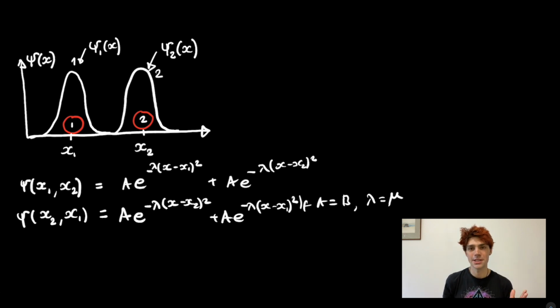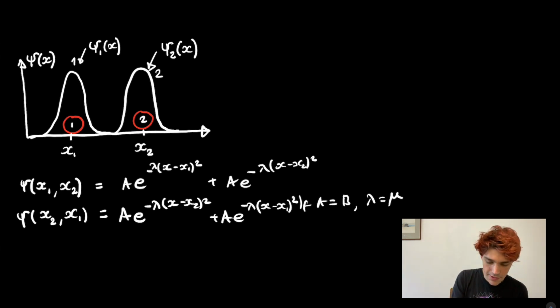So this is what I mean by swapping particles around, particle exchange. I literally mean replace all x1s with x2 and all x2s with x1. The crucial property with this is that when you swap these wave functions, the only solutions that are valid are ones which conserve probability.